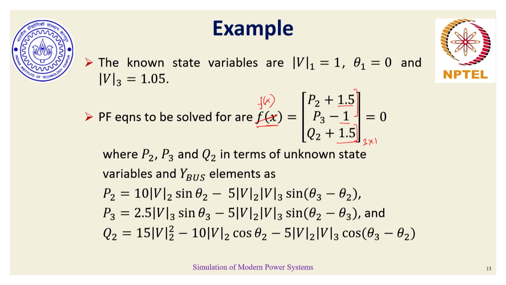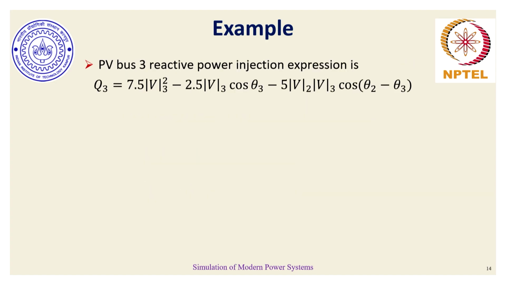With flat start of voltages, the corresponding expressions of P2, P3, Q2 can be written. The unknowns are V2, theta 2 and theta 3. V3 is a specified value of 1.05 per unit and V1 is 1, theta 1 is 0. So, the corresponding reactive power injection equation of bus 3 is also mentioned in terms of the given data of the network.